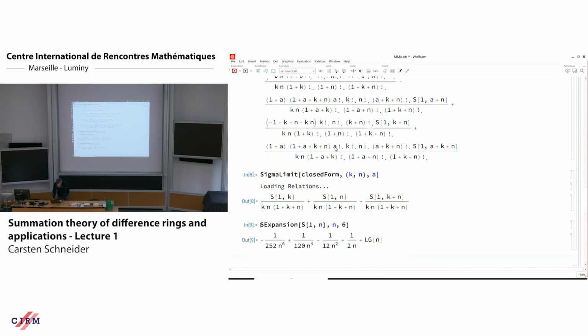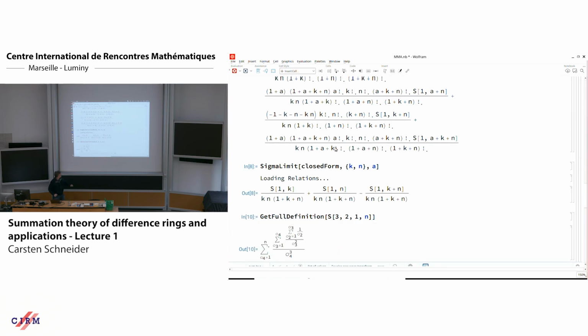And just to demonstrate the flexibility of this command implemented in HarmonicSums, let me show you another object. For instance, a more complicated sum is like that. One moment. It's a three-nested sum, a sum of a sum of a sum, weights are power 3, 2, 1, and if you send n to infinity, you get basically back multiple zeta values.